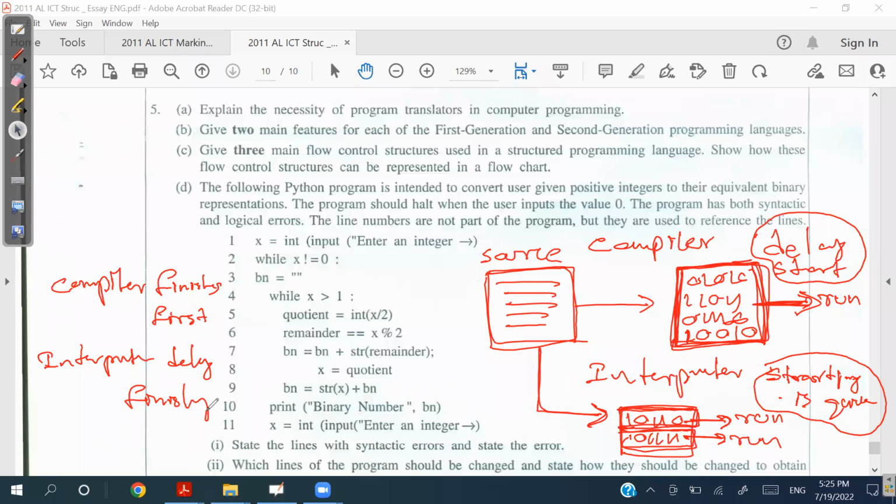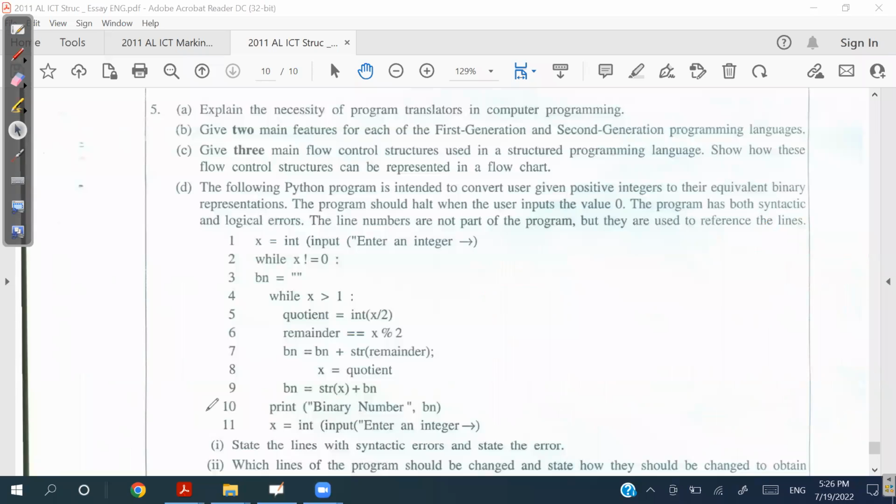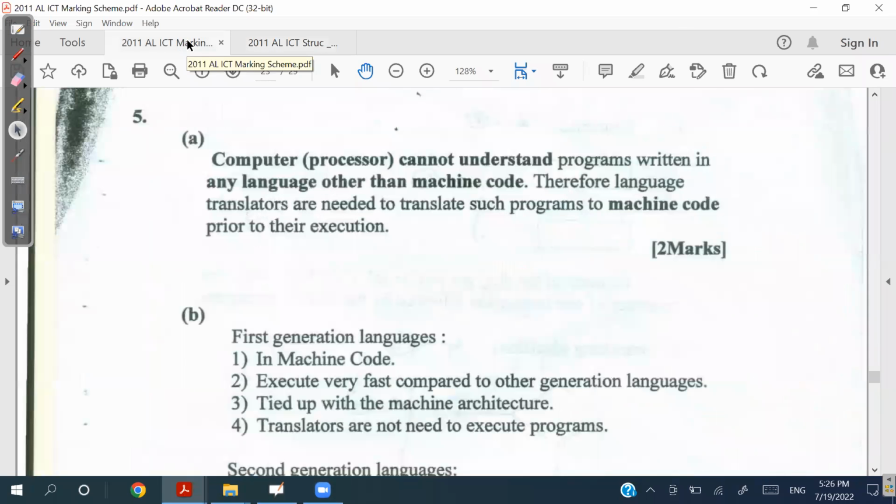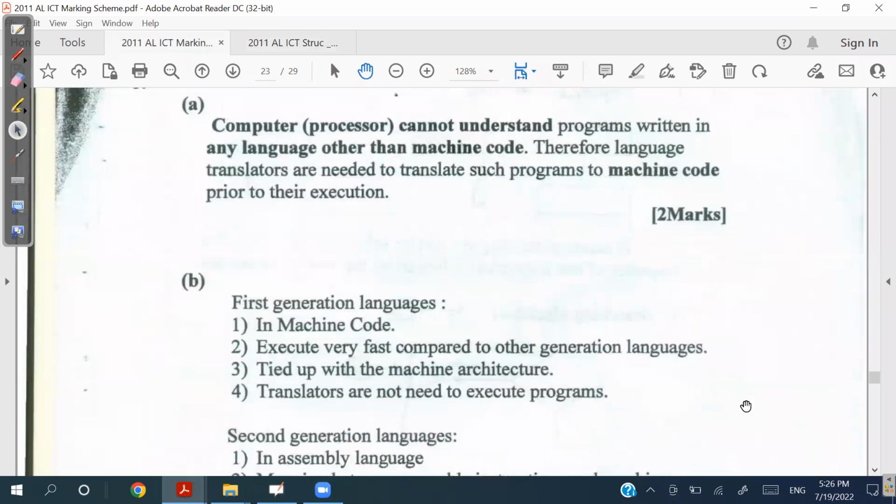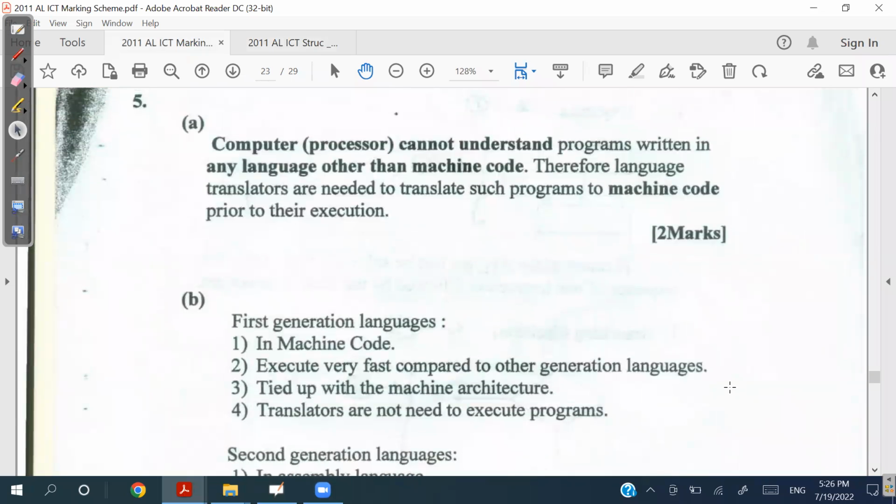Right? So in the question, they are asking you to explain the necessity of programming translators in computer programming. So you only need to talk about why we need a translator. When it comes to the marking scheme, it says: computer cannot understand the programs written in any language other than the machine code.